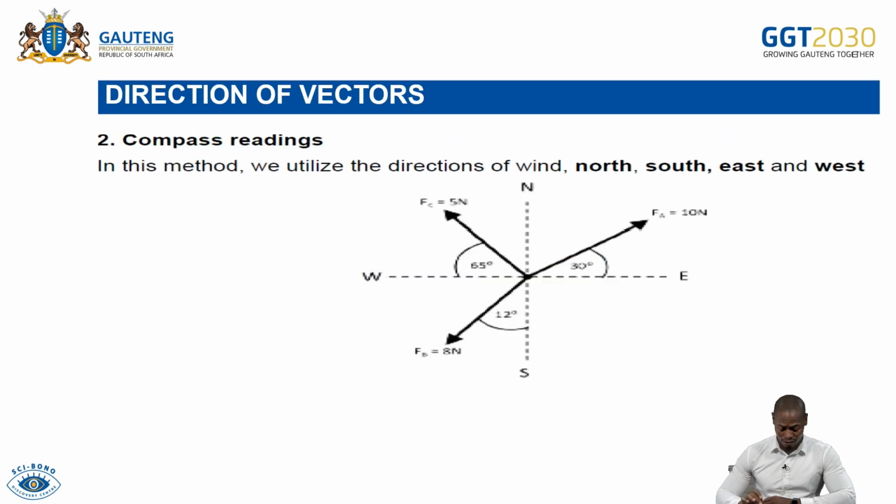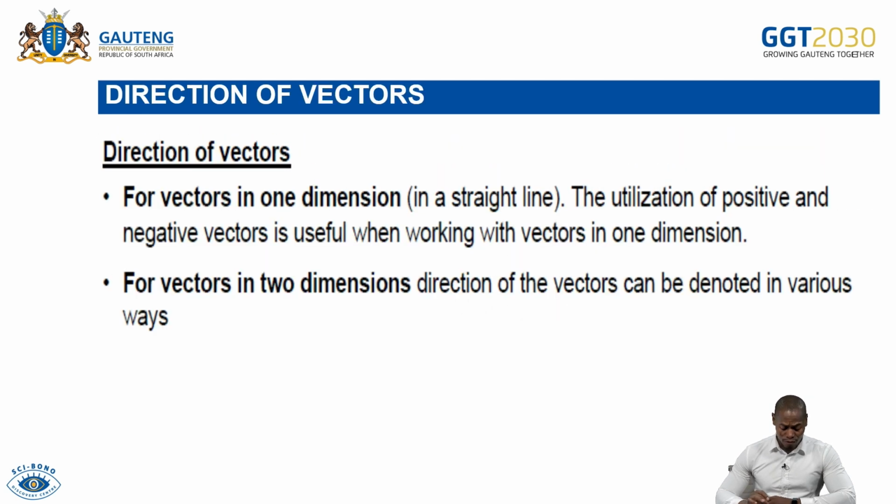Then another thing when it comes to vectors, I'll just go back. When you define a vector, we say it's a physical quantity with both magnitude and direction. The issue of the direction, learners, is very, very important. There are different methods or ways in which we can give the direction of a vector.